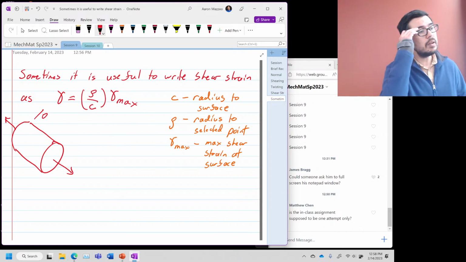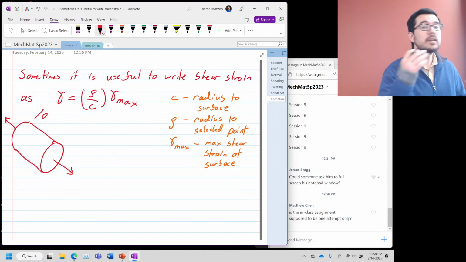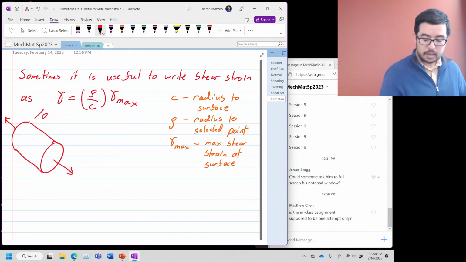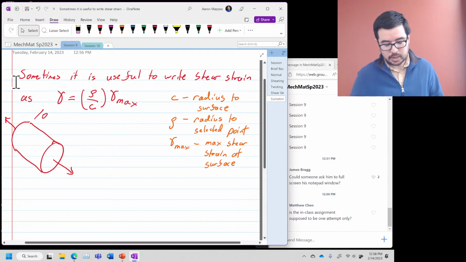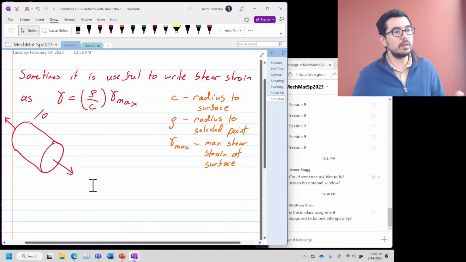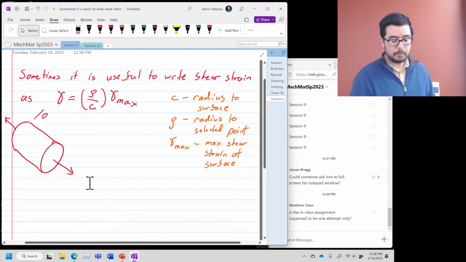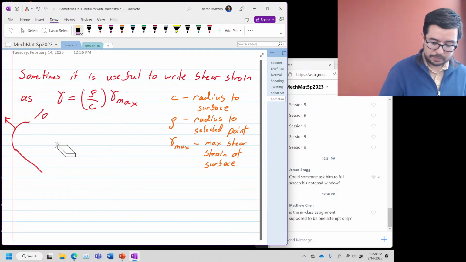But yes, for most illustrative purposes, this is coming out of a wall and this end is fixed, and we're looking relative to a distance from that wall. Good.